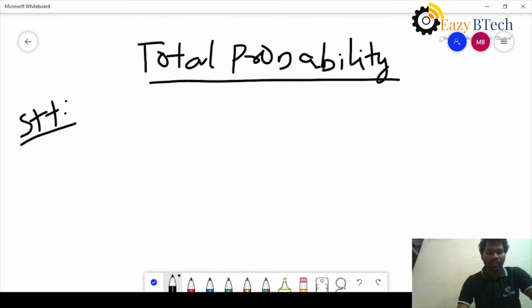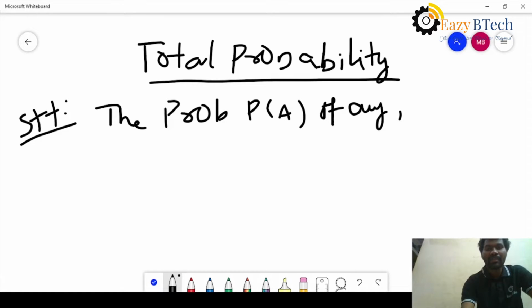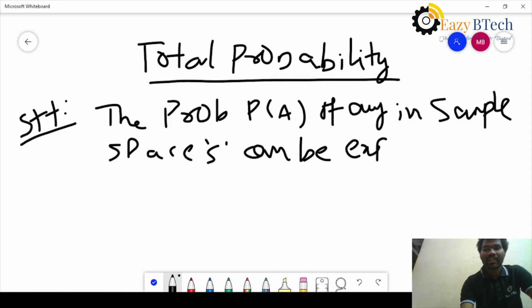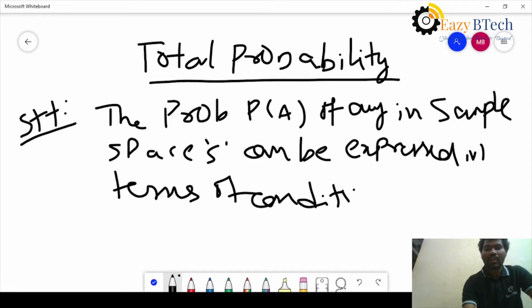The statement of the total probability theorem is: the probability P of A, of any event in a sample space, can be expressed in terms of conditional probabilities.